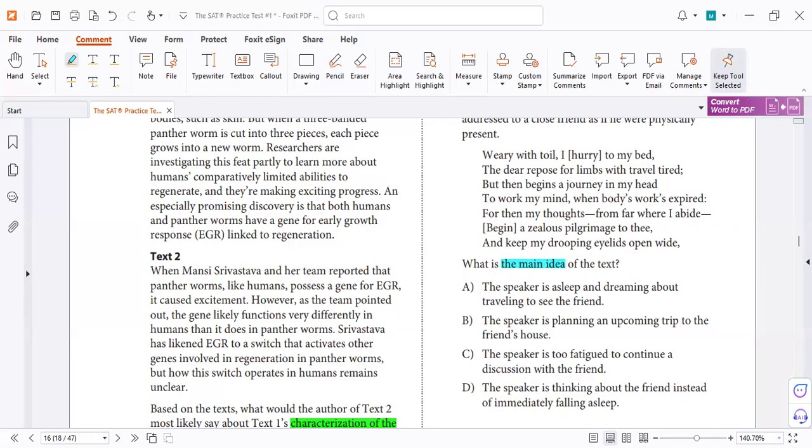D. Letter D, correct. Yes, and instead of immediately falling asleep. How did you know? Because I realized that, toward my mind, keeping my eyelids open wide, I'm seeing instead of sleeping. That is right. And also there's another hint. It says to work my mind when body's work expired.